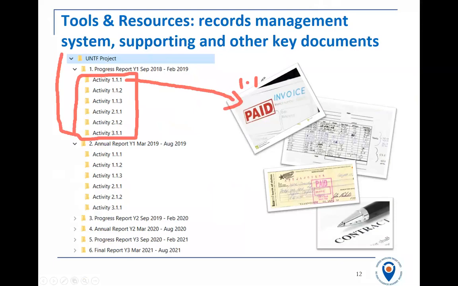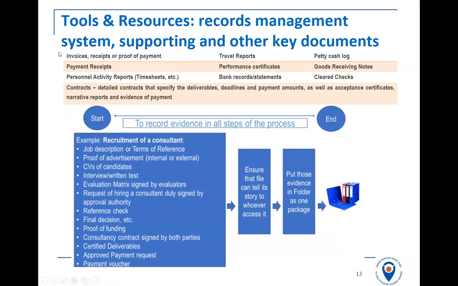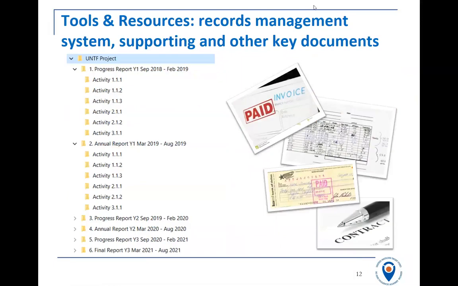You would have marked on that invoice when it was paid that it was for 1.1. And you would be able to save that in the right folder. So every time that you get a payment voucher, an invoice, or expenditure, you can scan and save the expense into the relevant folder. This will make it much easier for you when you're doing your financial reporting, and much easier for us to verify payments and for an auditor if they come.